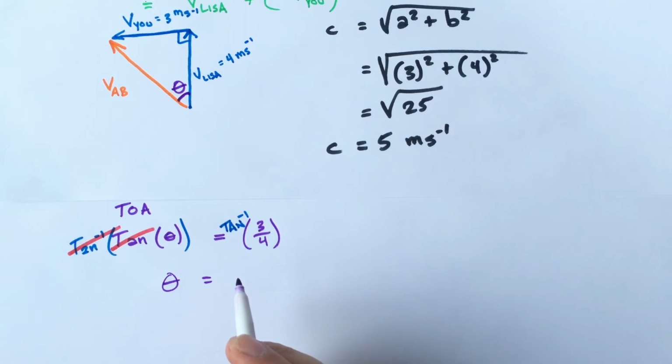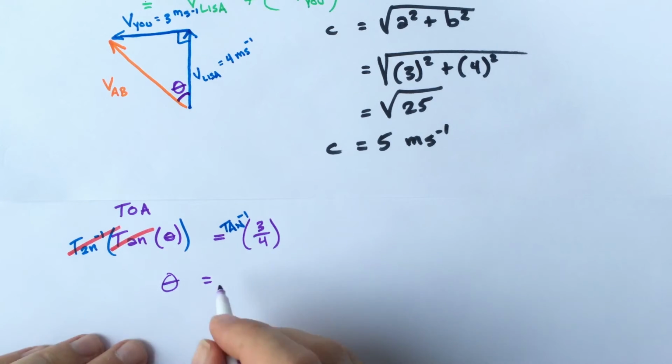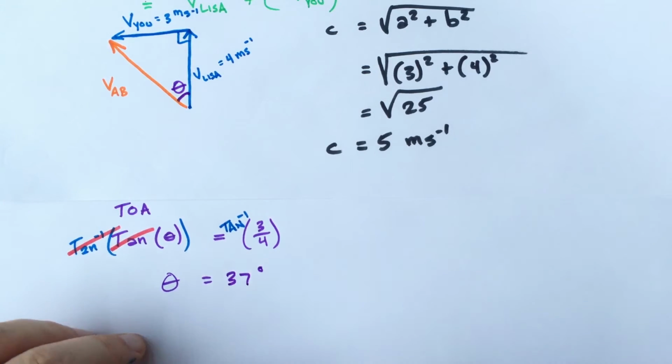Make sure your calculator is in degrees. The inverse tangent of 3/4 is about 37 degrees.